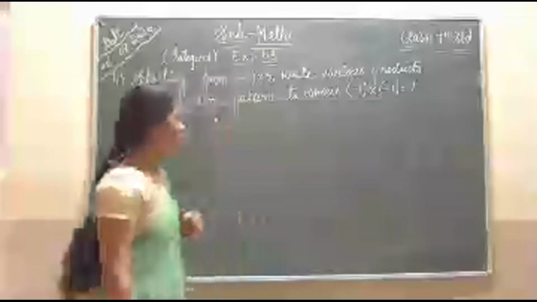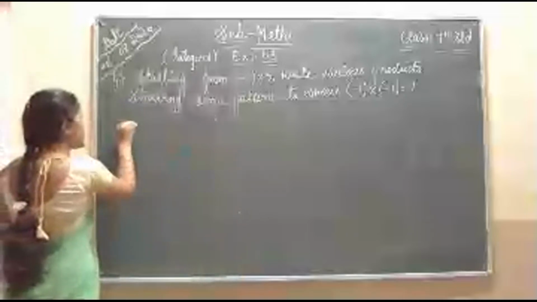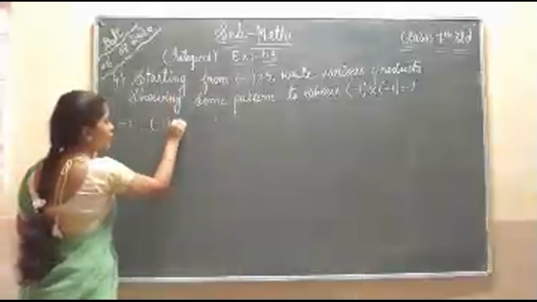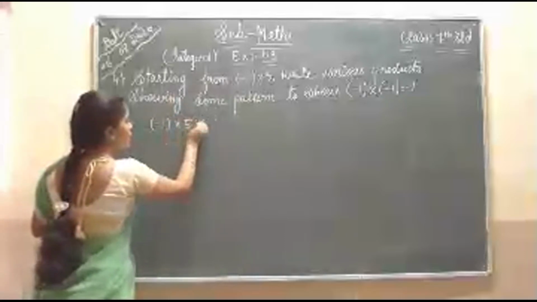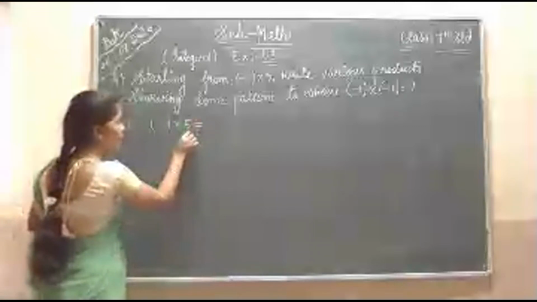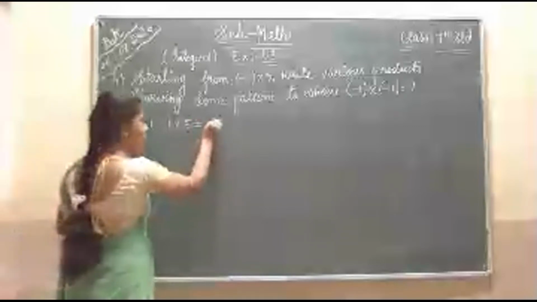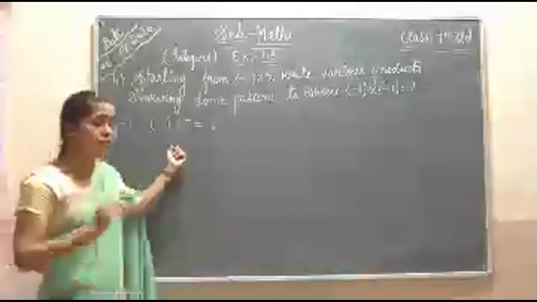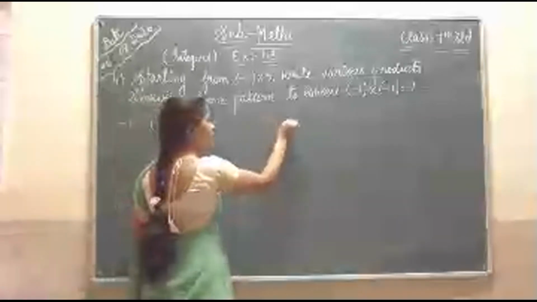Let's see. Solution. See here, starting from minus 1 into 5. Minus 1 into 5. Multiply these two. 5 ones are 5. But one is negative, one is positive. Already I have explained rules.